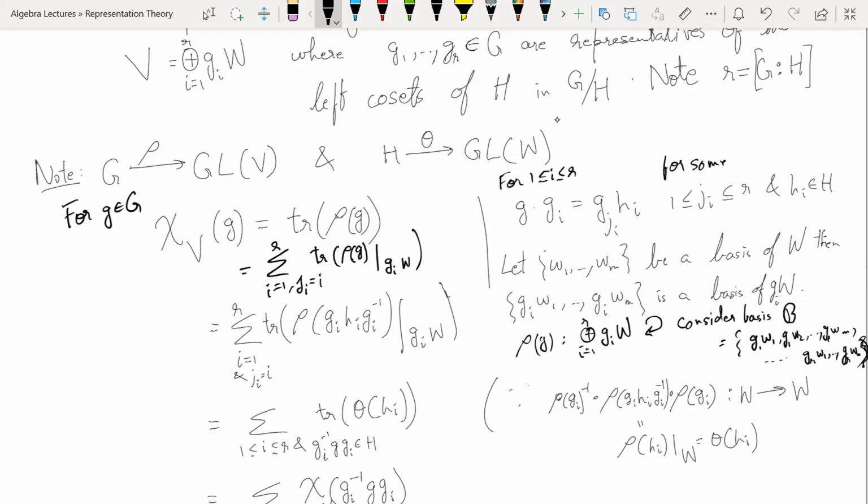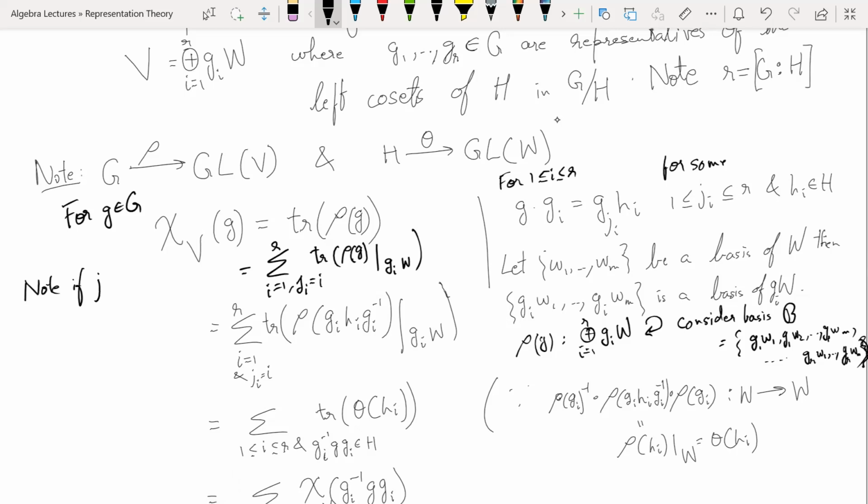So you see, if g_i is equal to i, then g will send g_iW to g_iW. So this makes sense.